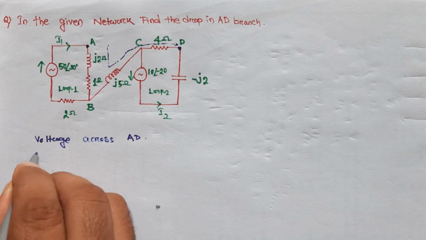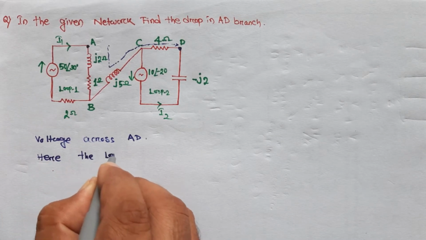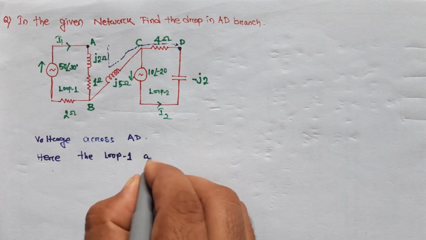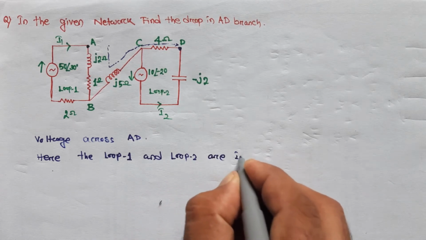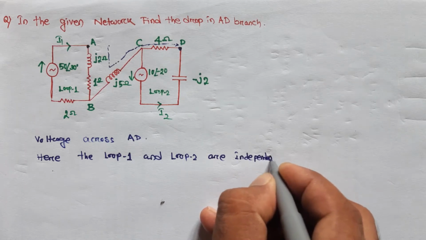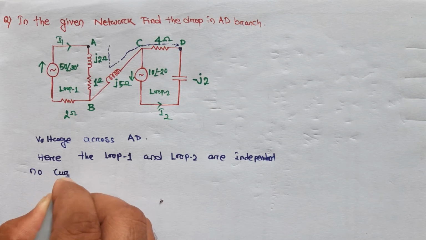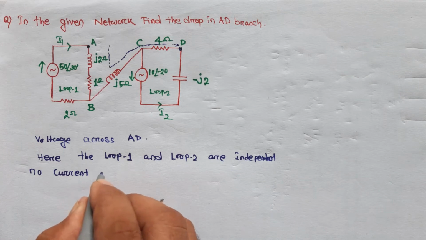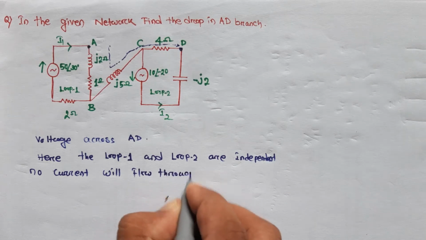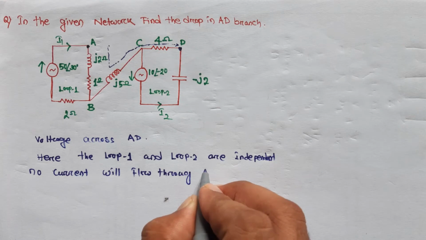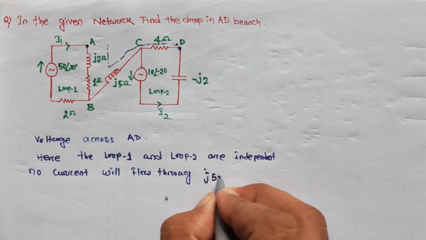So we can write that loop 1 and loop 2 are independent, so no current will flow through this VC branch, or you can say no current flowing through the j5 ohm.